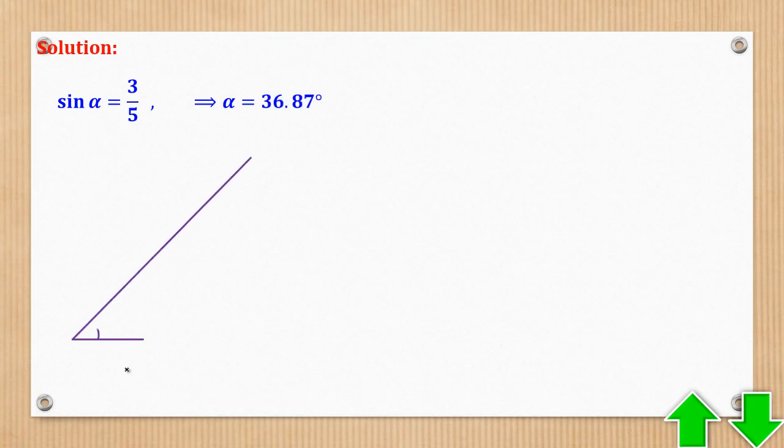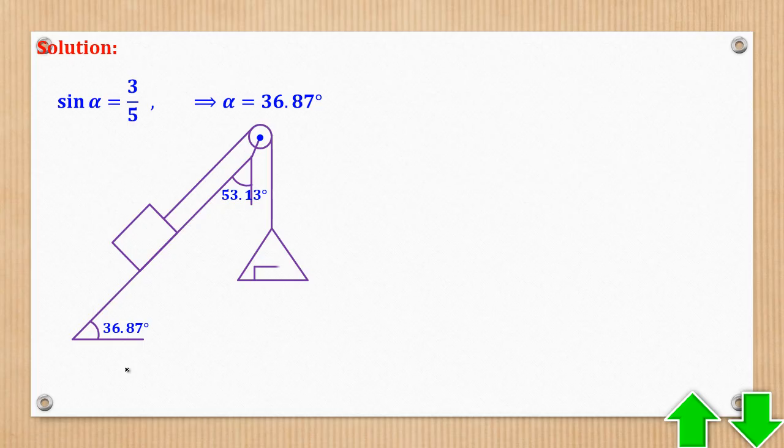Okay, so here we shall need to redraw and show the forces acting. There is weight acting vertically downwards, resolved into two components, parallel to the plane and perpendicular to the plane.